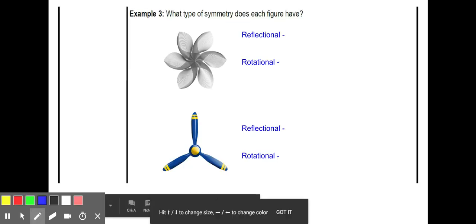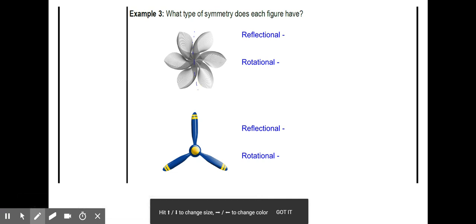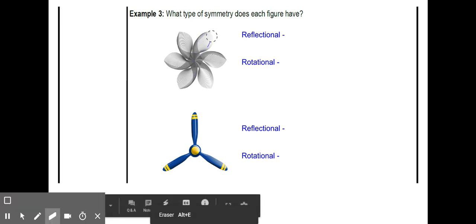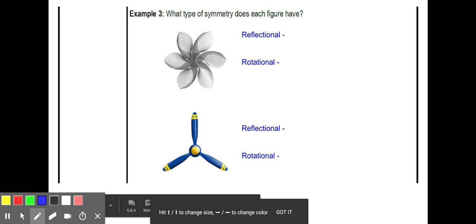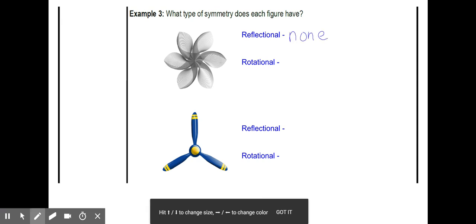Even though it seems like we could maybe have a line here, we see that each petal is not perfectly symmetrical. So there actually is no reflectional symmetry.